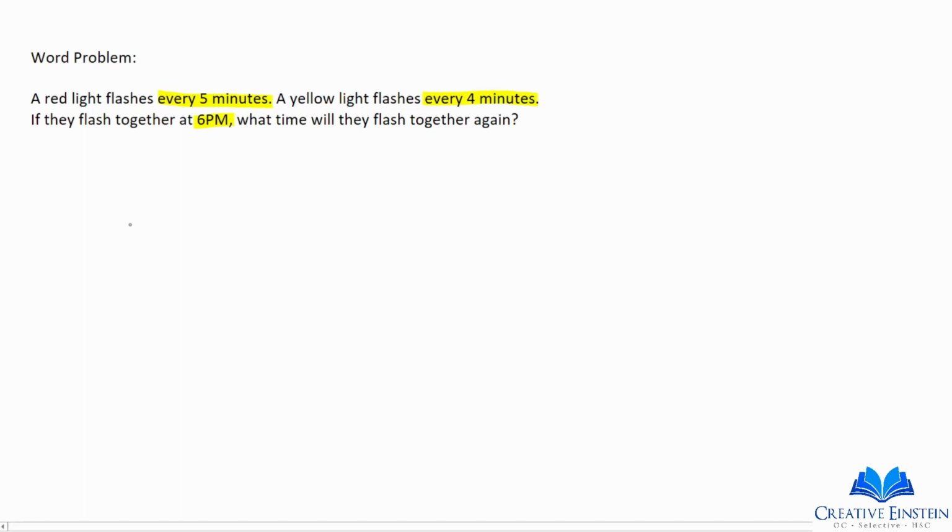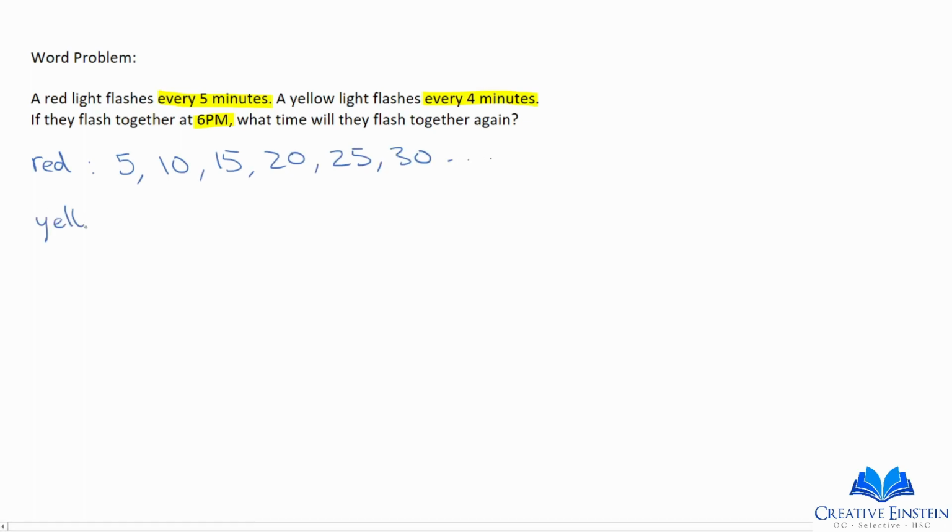Okay, so what we need to look at here is the red light. It flashes every 5 minutes, so we need to find the LCM of the red light and the yellow light. The red light flashes every 5 minutes, which means it will flash at 6:05, 6:10, 6:15, 6:20, 6:25, 6:30, and so on.